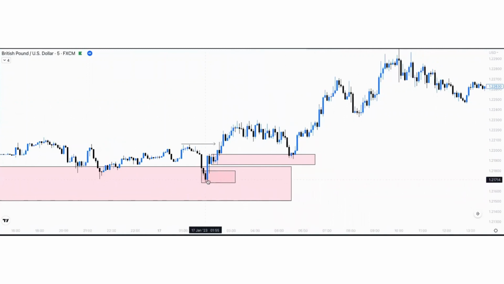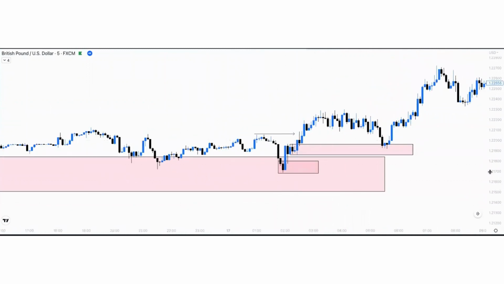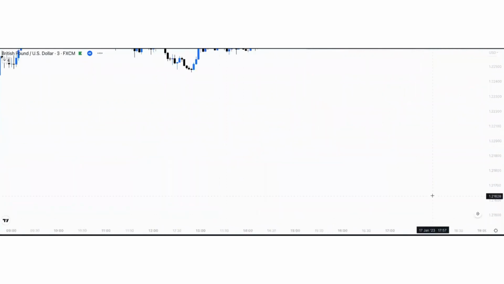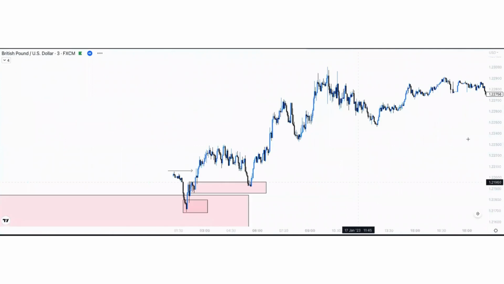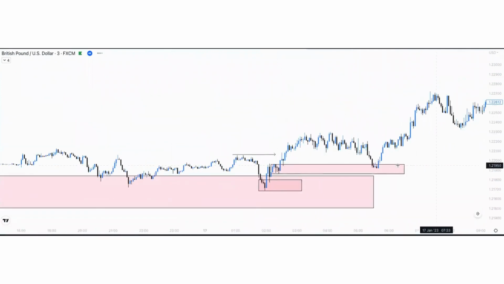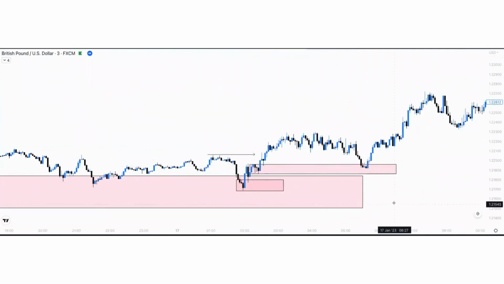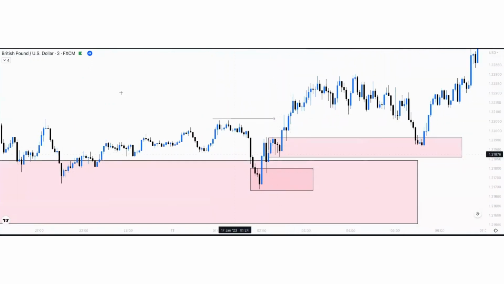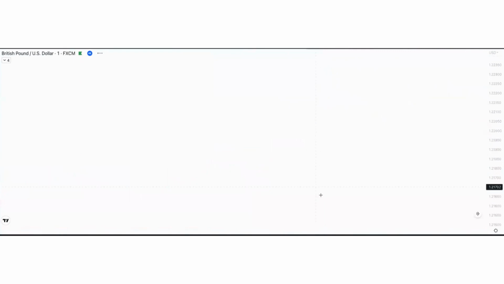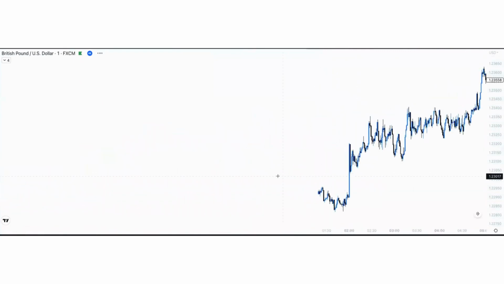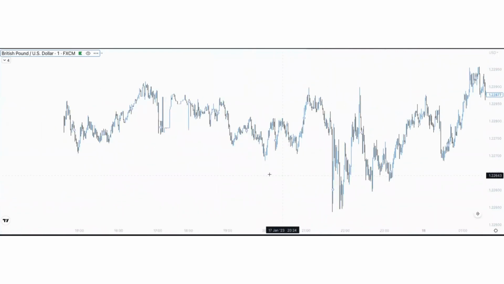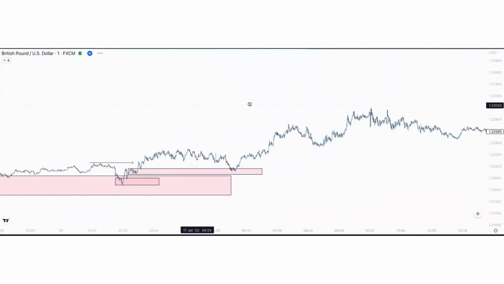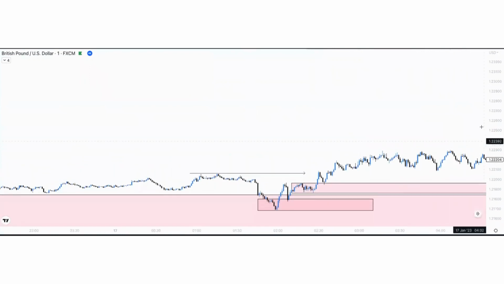I'll try to go to the 3-minute time frame just to see how it looks when it pushes to the upside. Okay, so the 1-minute time frame. You can try this, but this is a risky way of refining your trades.